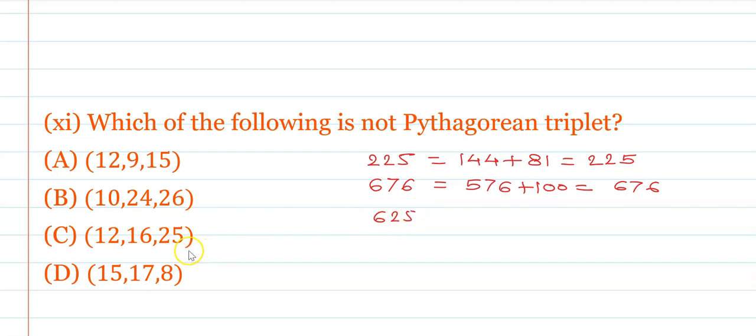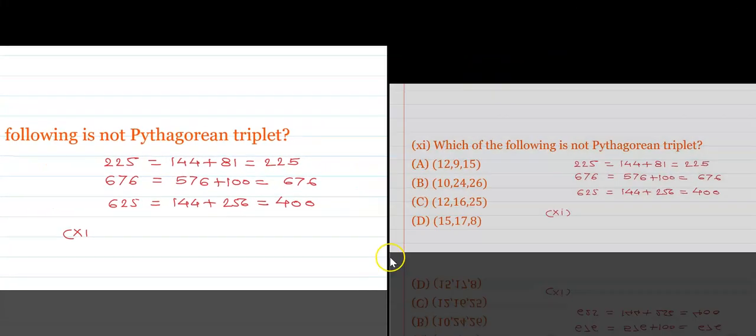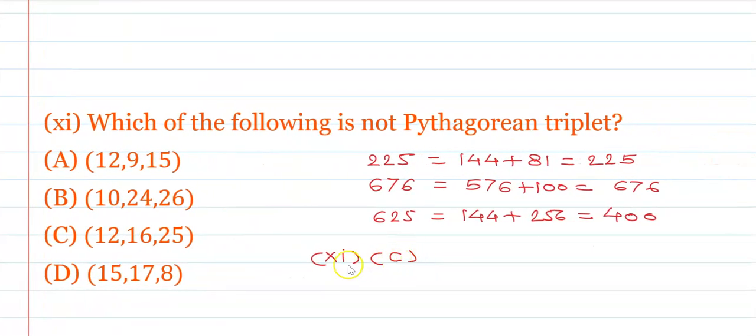We take the third one here, and that is equal to 12 square, means what? 144 and 16 square, 256. If we add it, then you will get 400, and these are not equal. Therefore, 12, 16 and 15 is not a Pythagorean triplet. Last is a Pythagorean triplet, therefore option C is the correct one. Okay, therefore we will write here, this is not the Pythagorean triplet, and that is the correct answer.